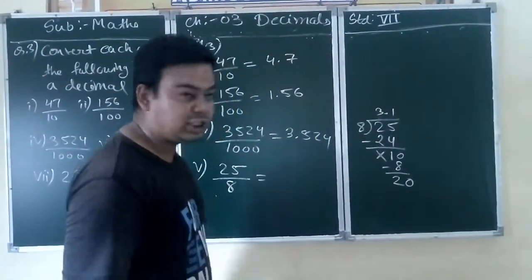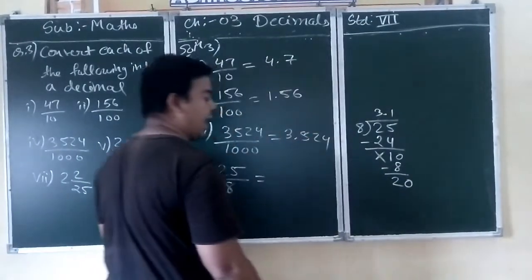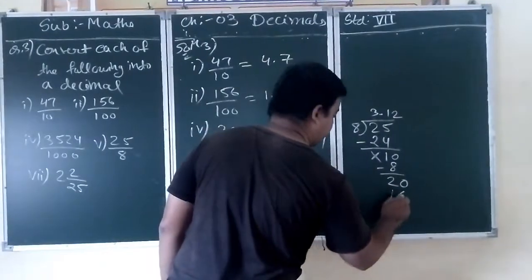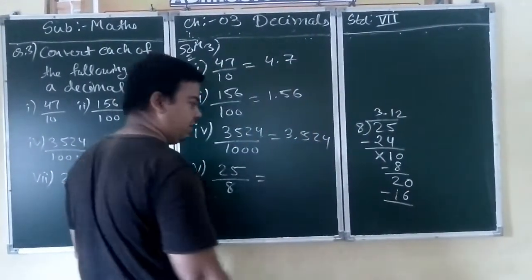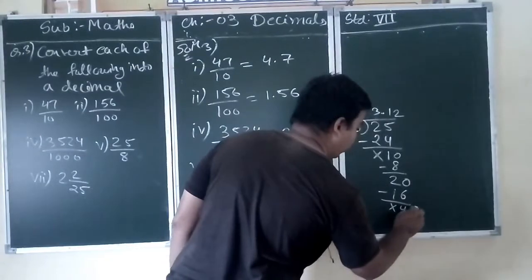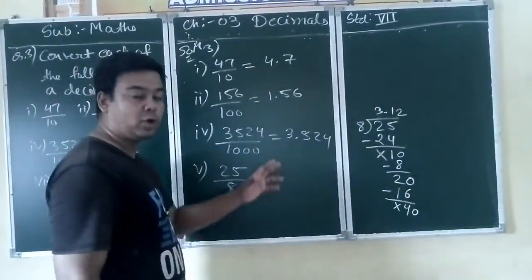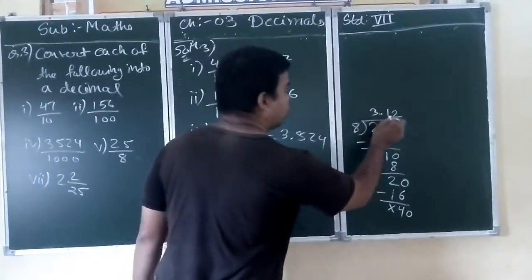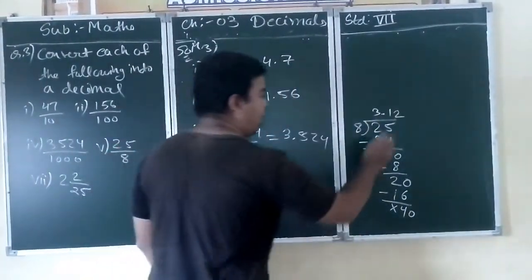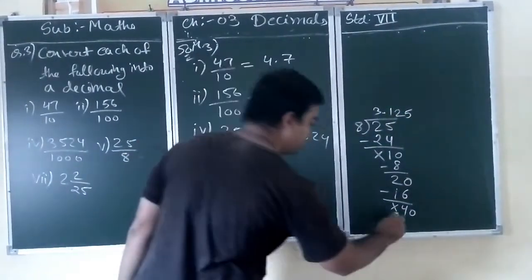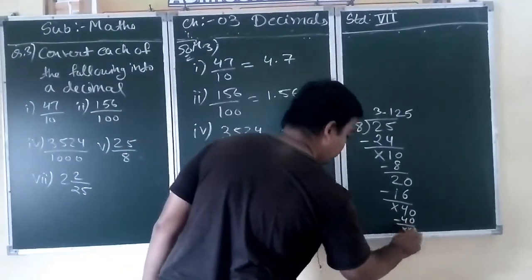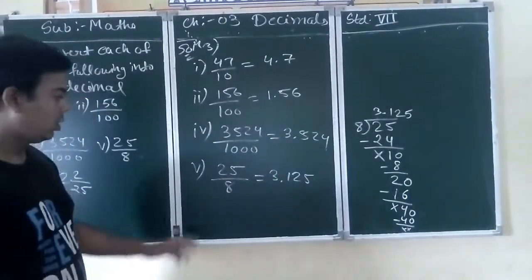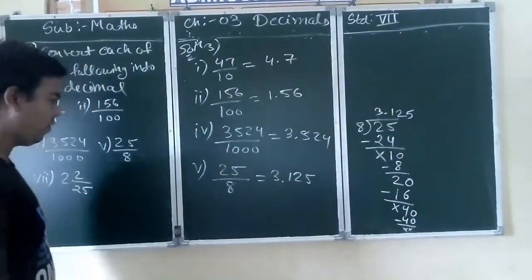Now 20, 8 twos are 16, 20 minus 16, 4. Again 0, but don't write the decimal point again. 8 fives are 40. So 3.125. The answer is 3.125.